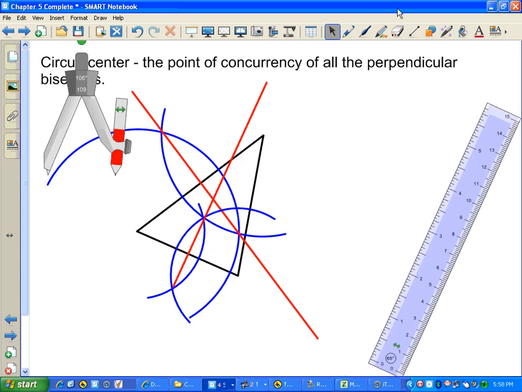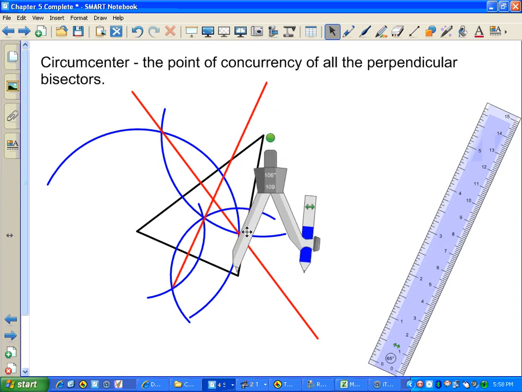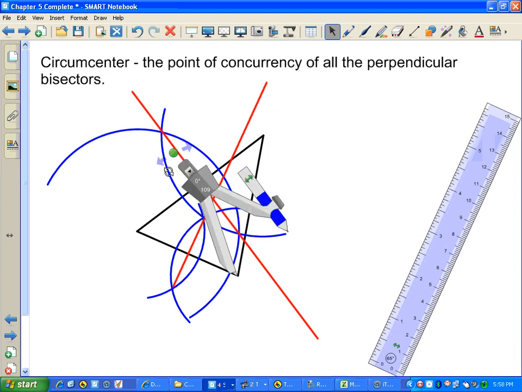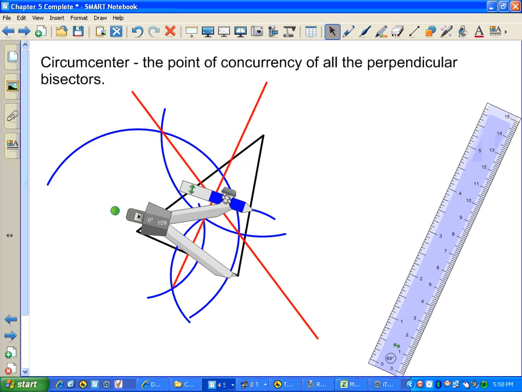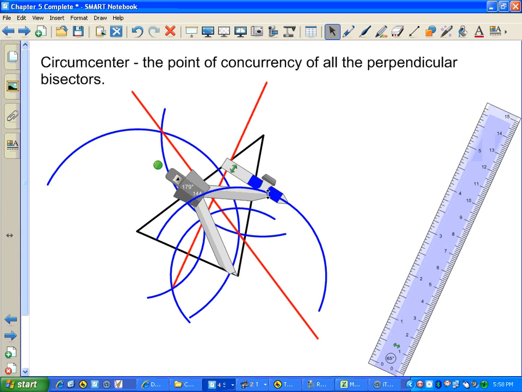And I just need to make one more. So I need to perpendicular bisect this last side. So more than half, I might need a little bit more. Okay, make one circle there.